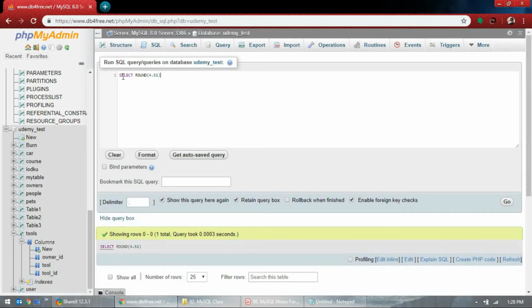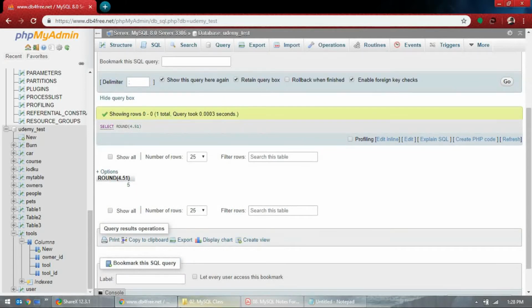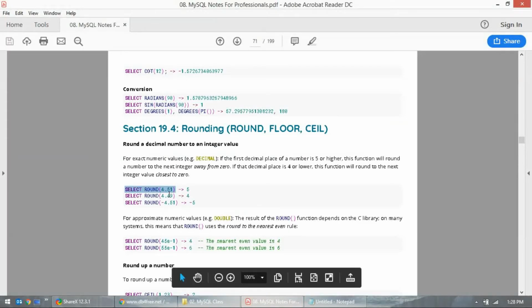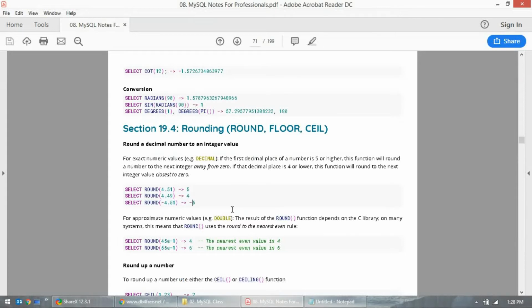The point here is select round 4.51. Since 5 is more than 4, it ends up as 5. So you're rounding up to 5. But if it's less than 5, it gives 4. That's about rounding.